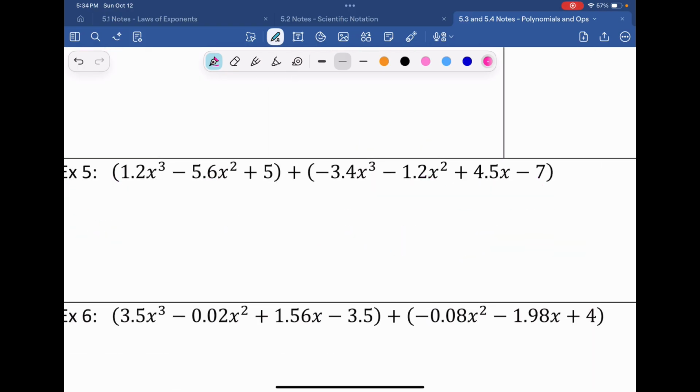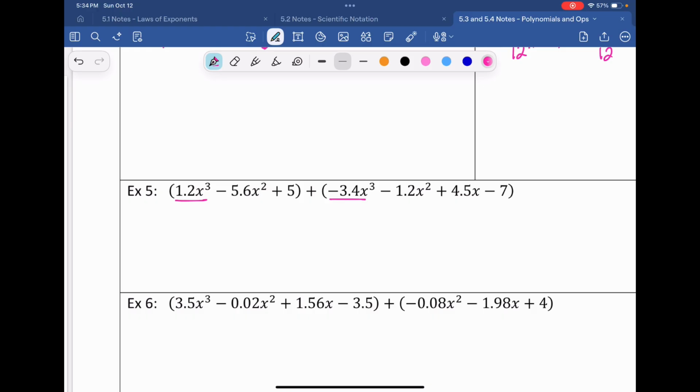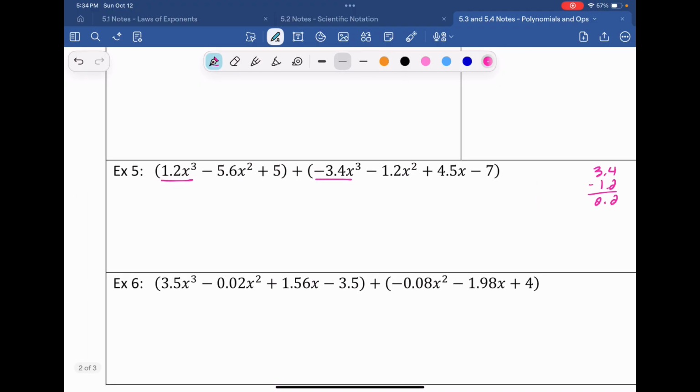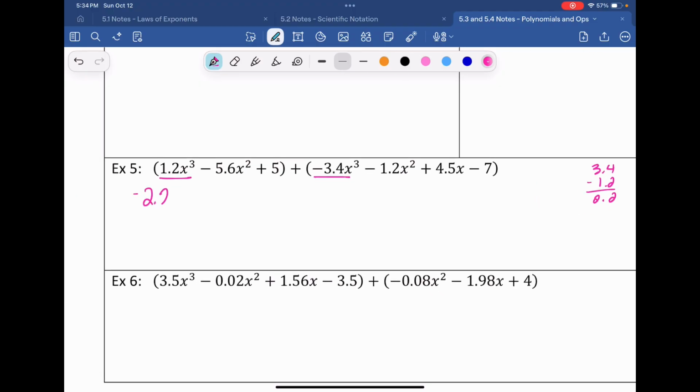Okay, so bigger ones. Let's see, 1.2x cubed, negative, there it is. X cubed is this time the biggest. So 1.2 minus 3.4, so negative 2.2. Do it in your calculator if you're not sure. Next one down will be the square.